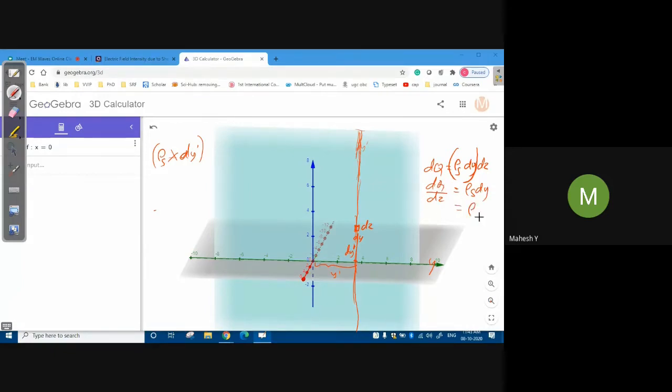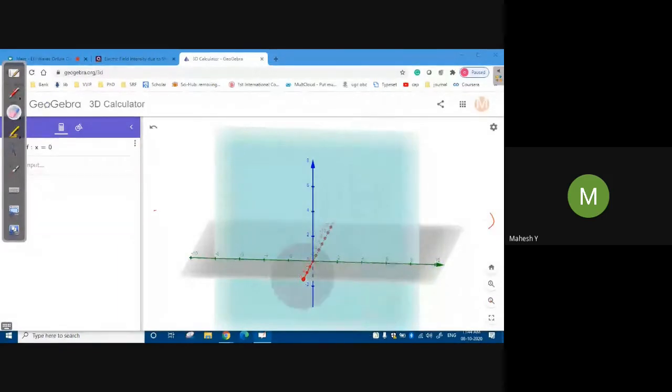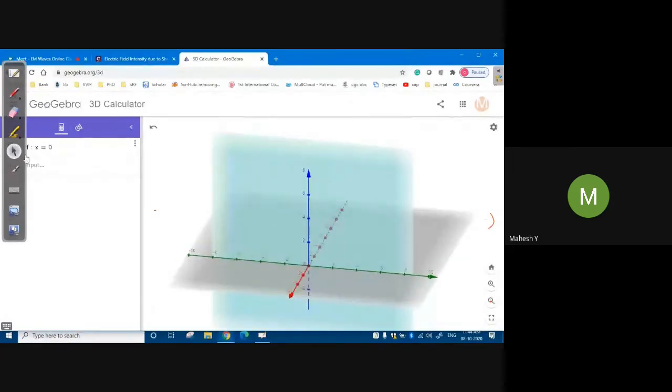This is nothing but rho l. So we know if you consider this as a line charge, and you know the rho l as rho s into dy, then let me erase this one. So I took a line here.